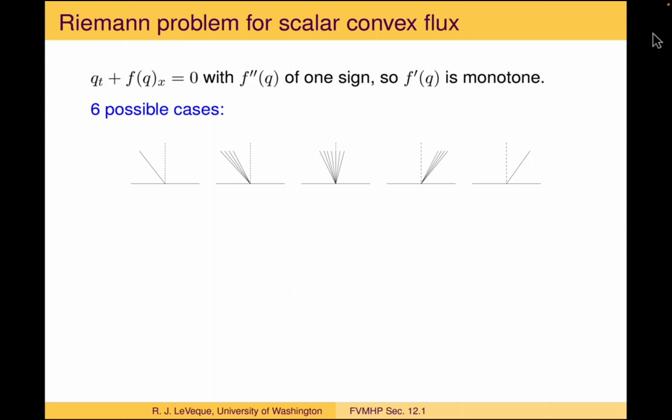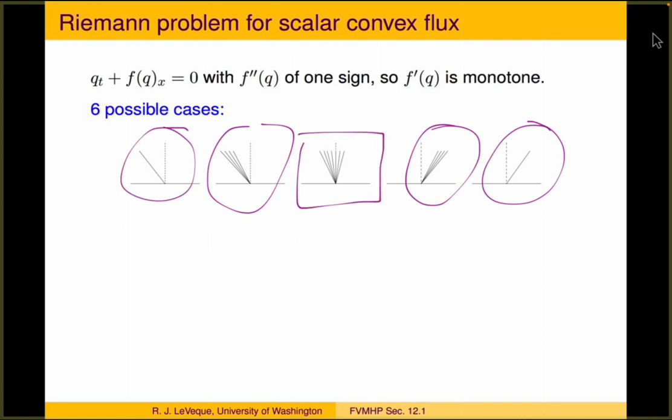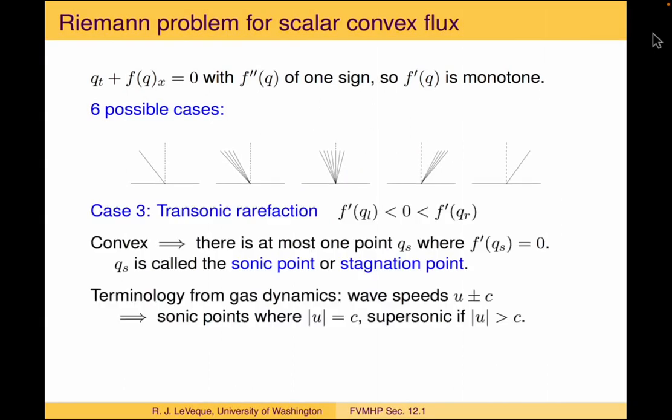In the cases that we see here, we either have a shock wave that's moving to the left, or a rarefaction wave that's moving entirely to the left, or a shock wave moving to the right, or a rarefaction wave moving entirely to the right, or we can have this interesting case in the middle here, where the characteristic speed on the left is negative and the characteristic speed on the right is positive, and so the rarefaction wave spreads across the discontinuity. And that's the case that's called a transonic rarefaction, where the characteristic speed is negative to the left and positive to the right.